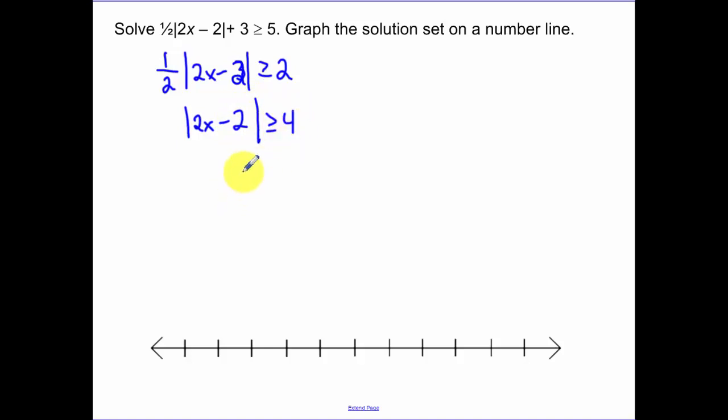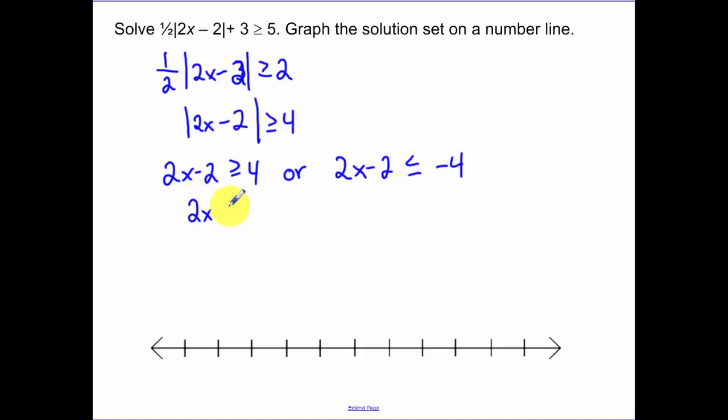Now what you have to look at is that this is an or statement because it's a greater than sign. So 2x minus 2 greater than or equal to 4, or 2x minus 2 less than or equal to -4. So when you have the negative, you have to change that sign.